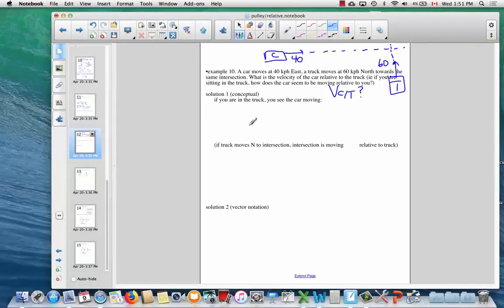Well, you can answer that one conceptually. Because if you're in the truck, then you see the car moving, first of all, 40 kilometers an hour towards that intersection point. And then since the truck's moving north towards the intersection, the intersection seems to be coming towards the truck at 60. So since the truck's moving north, the intersection is moving south relative to the truck.